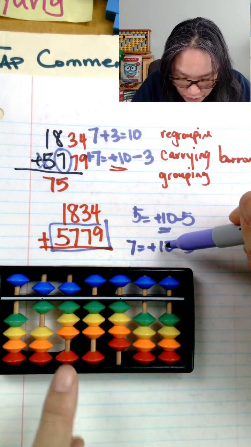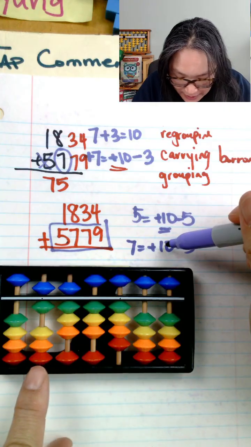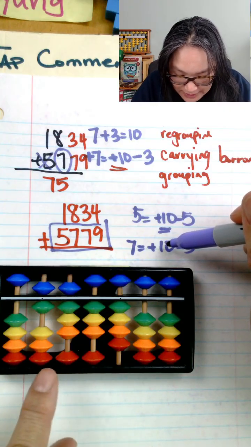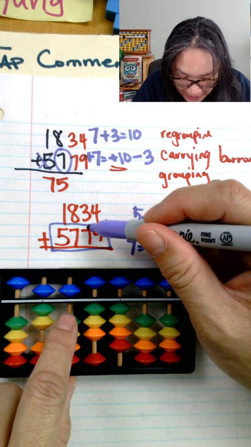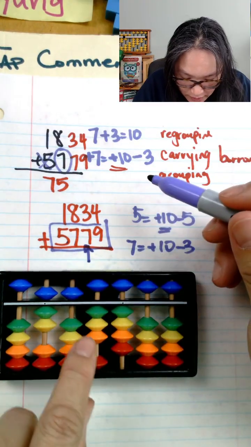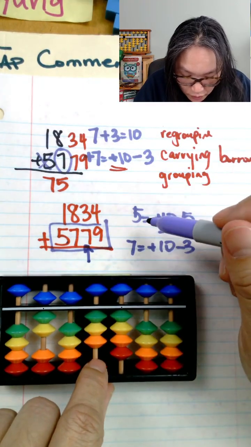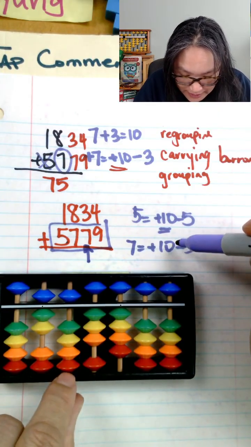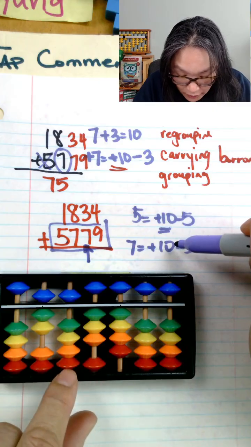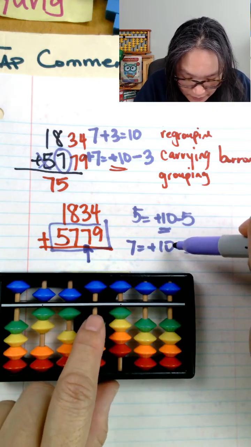Again, all I need to do is, I plus the 10, which is the next column over, and I take away the 3. So now I want to add this 7. I'm over here. Do I have enough? No. I have to plus the 10, which is go to the next column over, and then take away the 3.